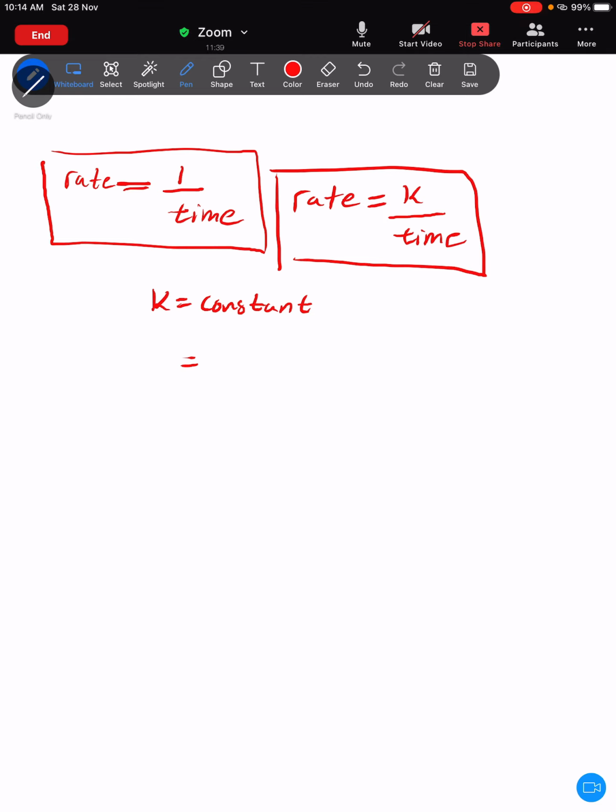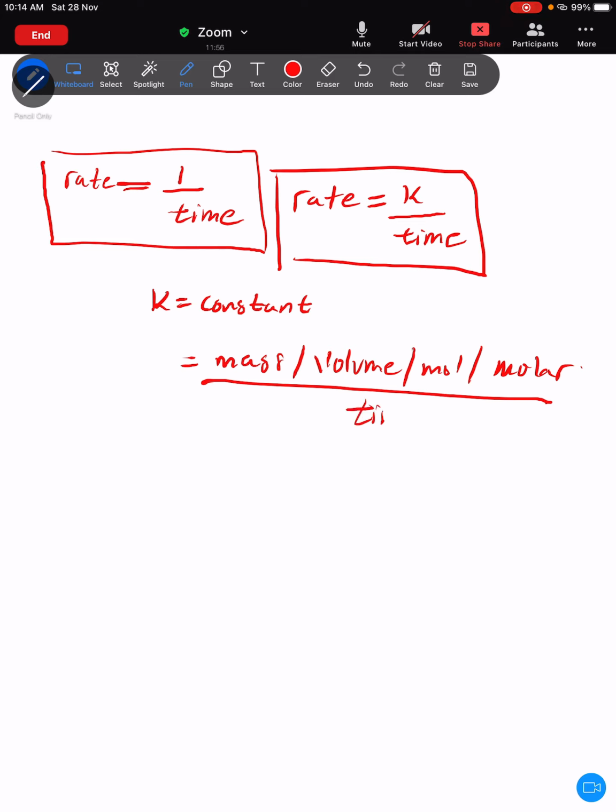Yes, you can use the mass, or you can use the volume, or you can use the mole, or you might use the molar as well. So, divided by the time taken. So, automatically, this is your rate of reaction. This is how you should measure the rate of reaction.